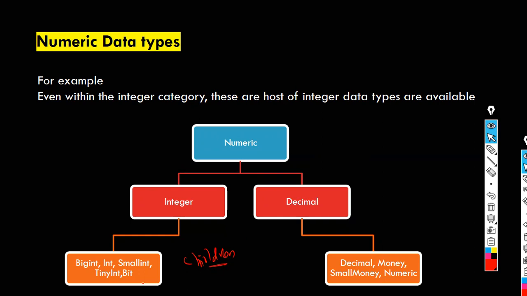In that case, if you use tiny integer, that is more than sufficient. Nowadays, no one has more than 255 children, even in the worst case. You don't have to store too many digits, so in that kind of situation, you can use tiny int.